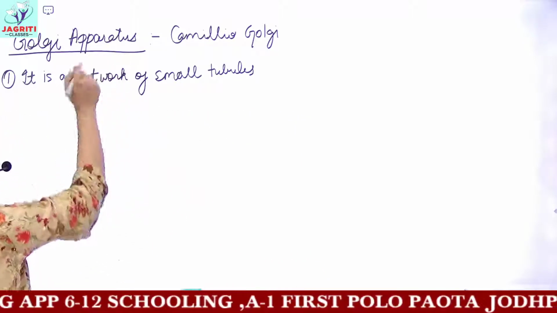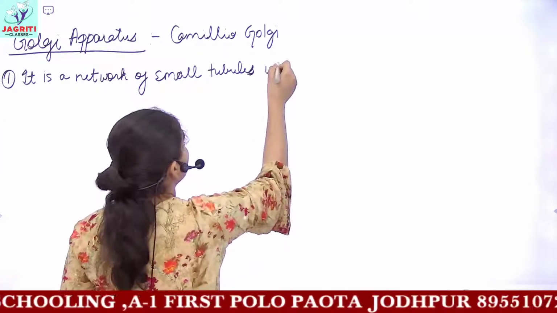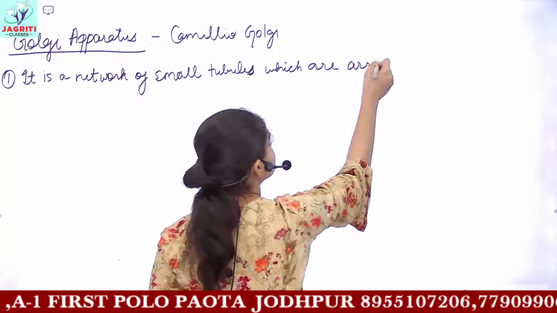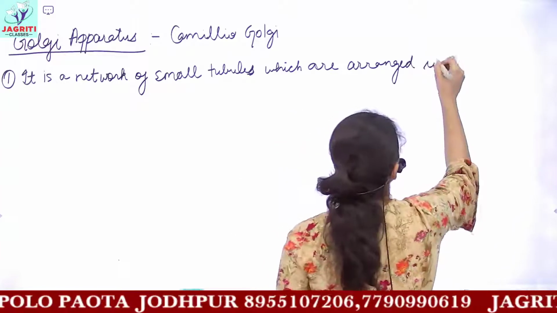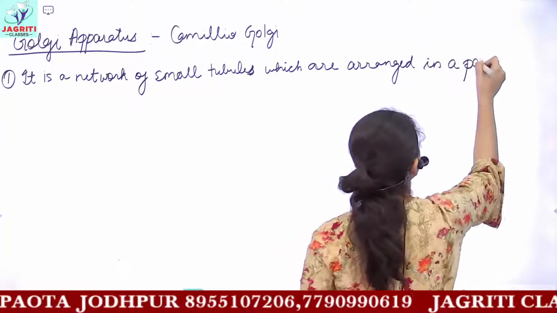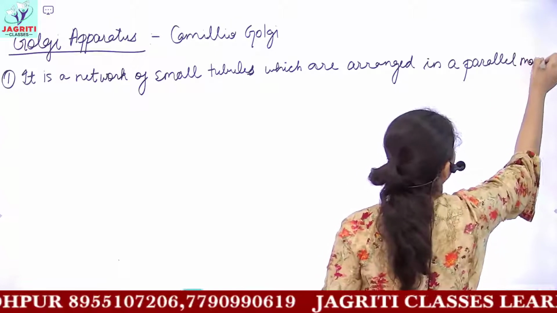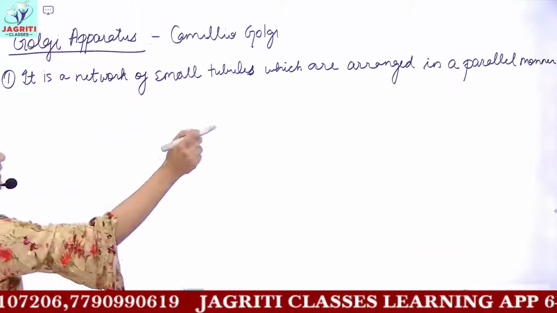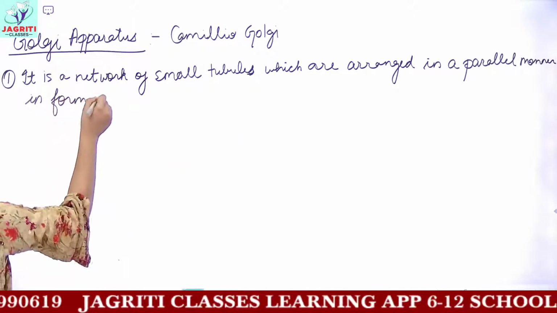Whereas Golgi apparatus is a network of small tubules, and these fine tubules are arranged in a parallel manner, or you can say in the form of stacks.